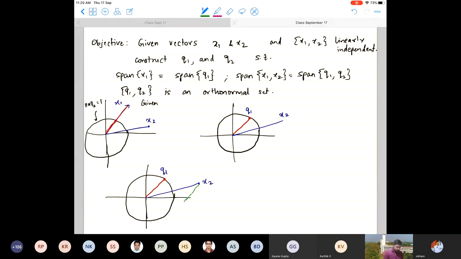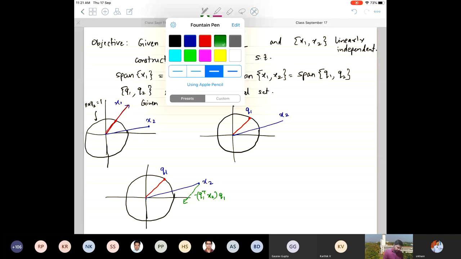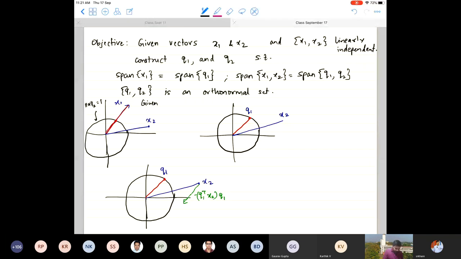This vector in this direction is basically minus q1 transpose x2, into q1. That's the vector that you have, and you add these two vectors, x2 and this. The parallelogram will come into the picture and you will get this vector. Maybe I should draw it a little better so that you understand what is happening.